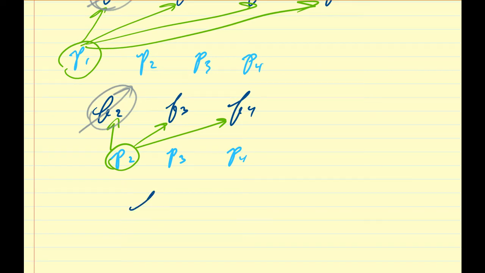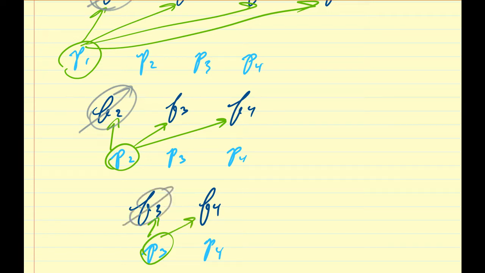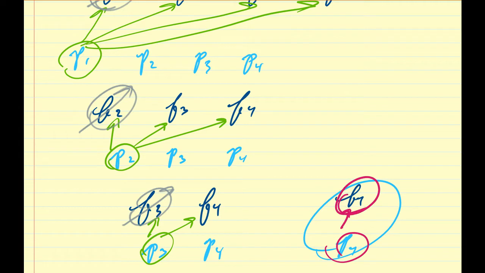Continuing in this fashion, we have food 3 and food 4 left, and person 3 and person 4 to choose. Let's assume person 3 chooses next, so he could choose either 3 or 4. Let's assume without loss of generality he chooses 3. That means we have food 4 and person 4. Notice there is no choice that person 4 needs to make, because he automatically gets food 4 by default.